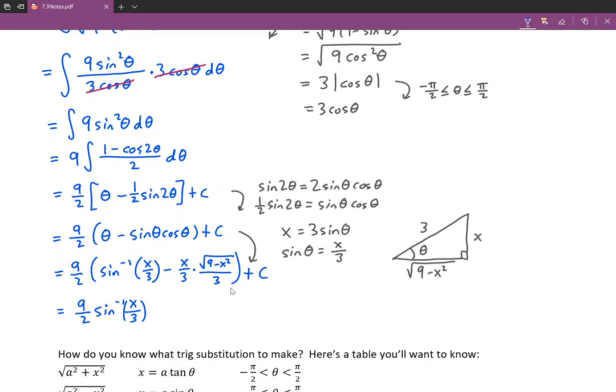And then the 9 on the top of the 9/2 will cancel with the 3 times 3 on the bottom of the fractions when it distributes. So all you'll have left would be 2 on the bottom. So you'll have x times the square root of 9 minus x squared over 2 plus C.